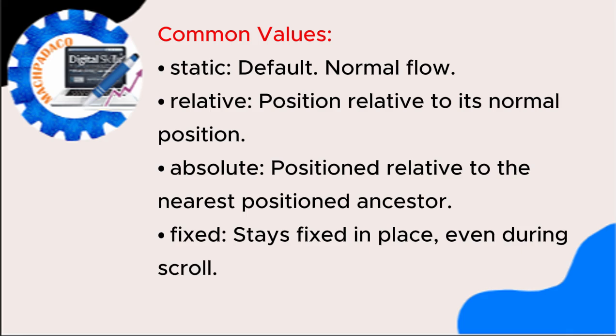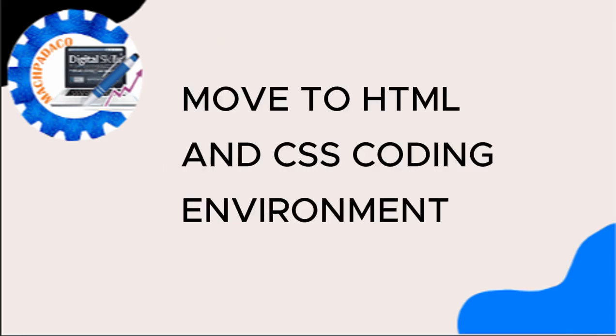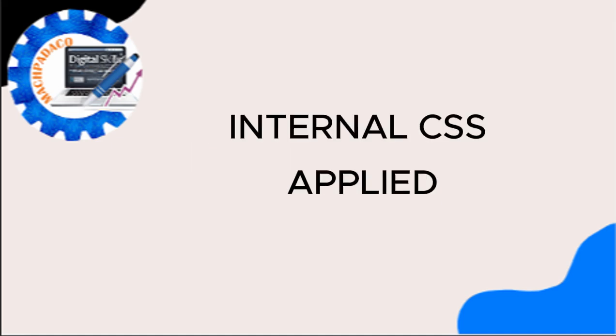Absolute, positioned relative to the nearest positioned ancestor. Fixed, stays fixed in place even during scroll. Then let's go to our coding environment, our HTML and CSS. Here we shall be using the internal styling.